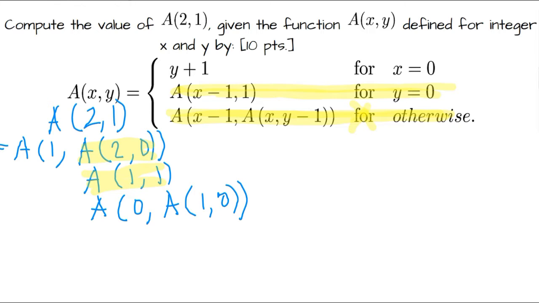Okay, so A(1,0), we are back to case 2. So case 2 again, y is 0, and in that case we're going to simplify this as A(0, 1). A(0, 1), we are now going at the first case where x is 0.